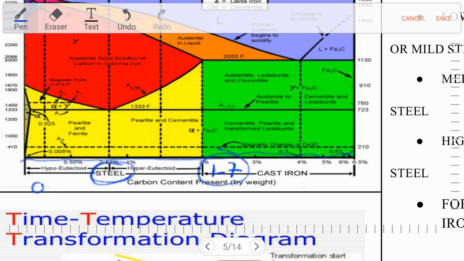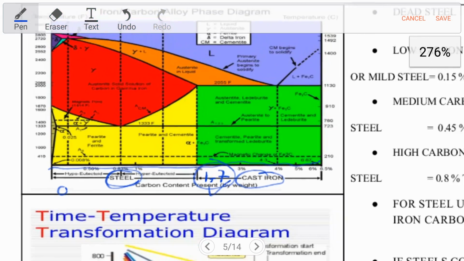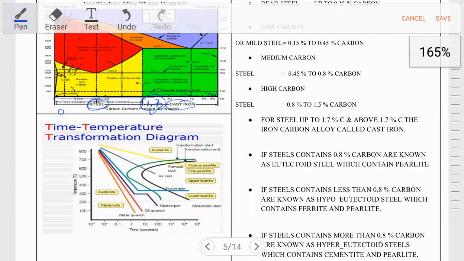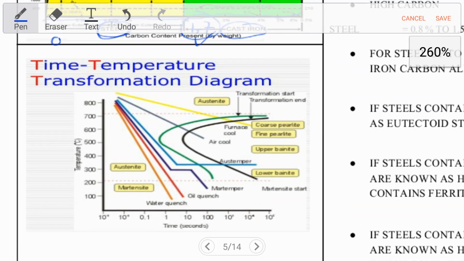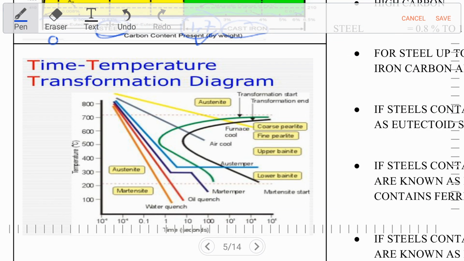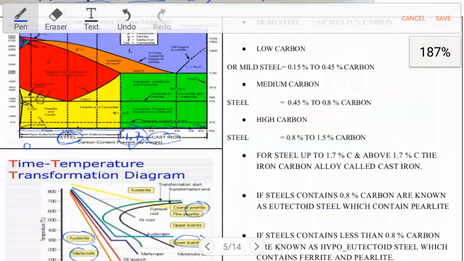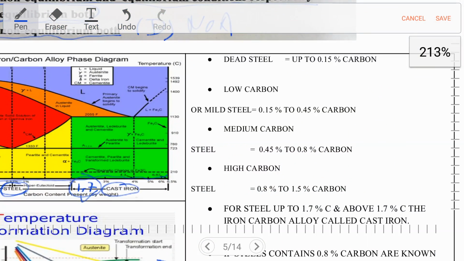If the carbon percentage in an iron carbon alloy is above 1.7, then it is known as cast iron. Now there is also another diagram, time, temperature, transformation, which is related to the transformation of austenite, martensite, bainite, pearlite, these phases. So right now let's discuss the important data.